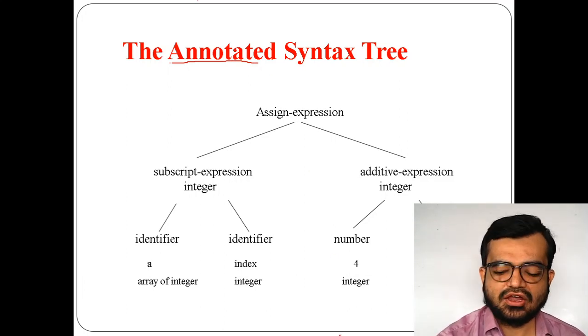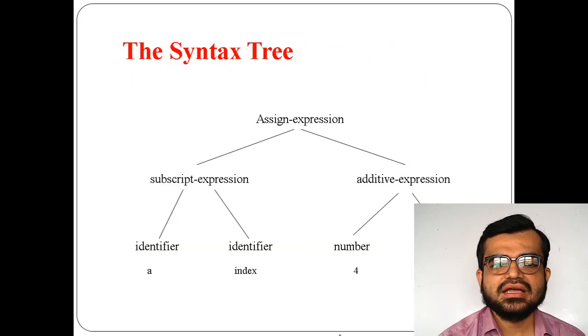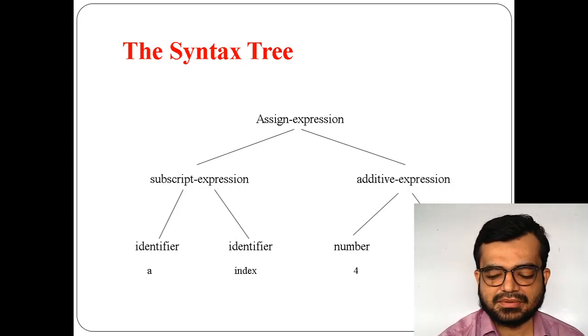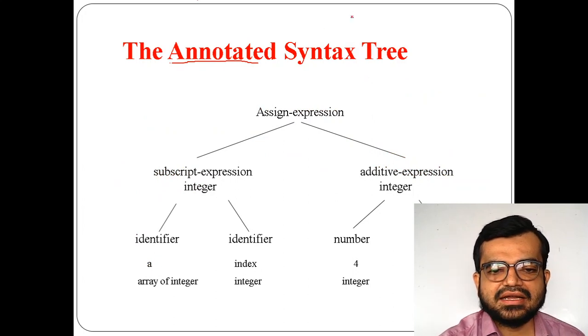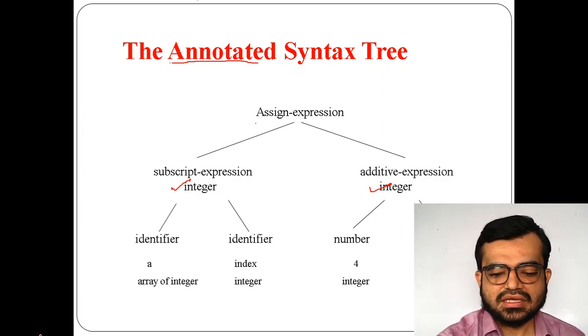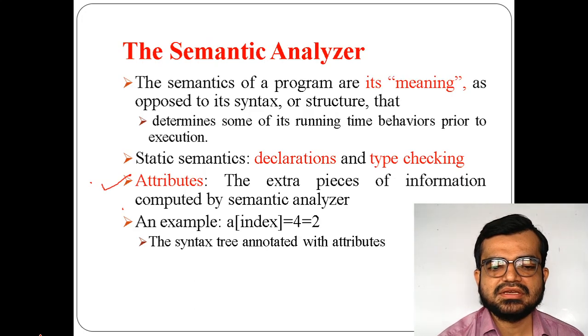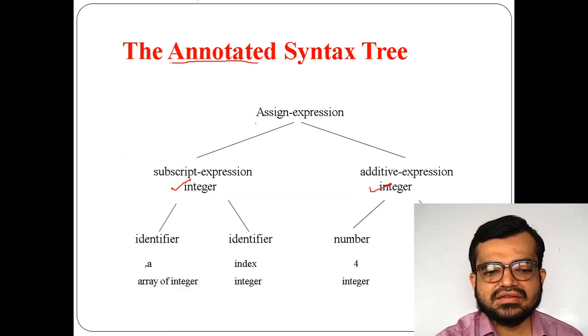Annotated syntax tree means that along with the grammar, it will give you useful information. For example, here we have subscript expression and additive expression, but what is added is that the subscript expression is an integer subscript expression giving an integer value. Also, the additive expression is giving an integer value. Also, identifier A, identifier index, number 4 and number 2 are given. A gives the extra information that A is an array of integer.